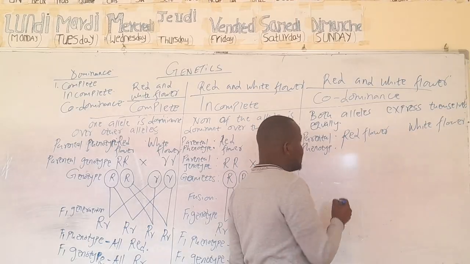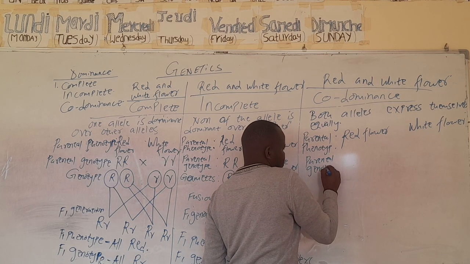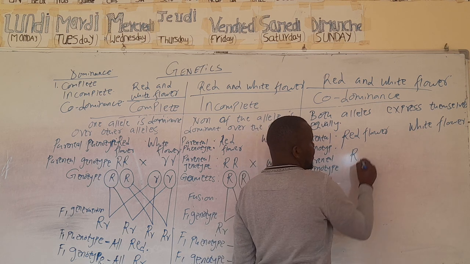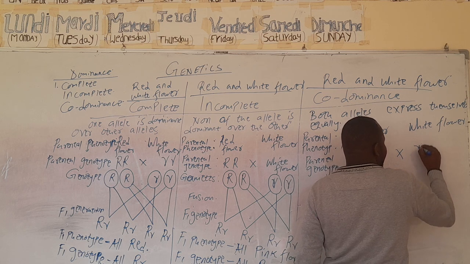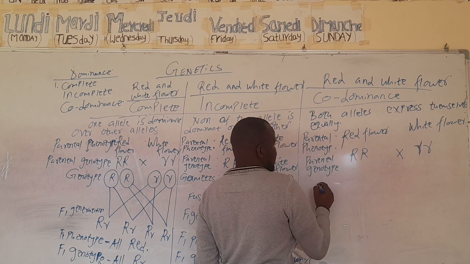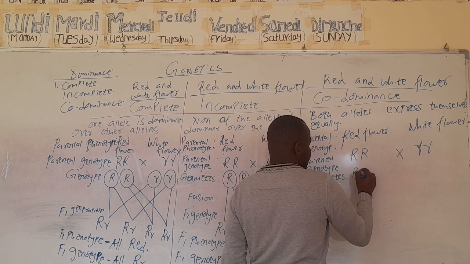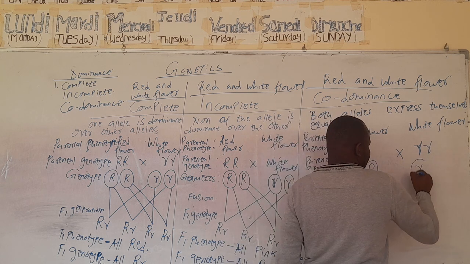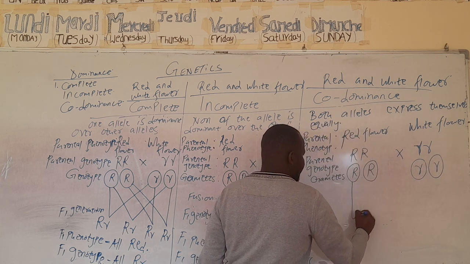Then the parental genotype: capital R to represent red, and small r to represent white. Then we have the gametes, R and r, and you do the fusion.